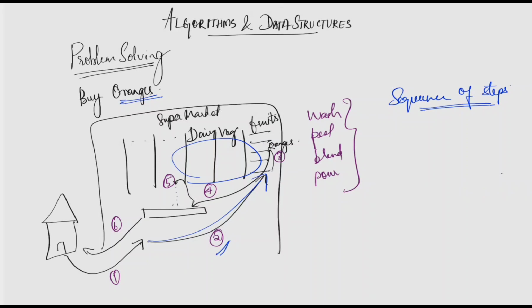So that's the main importance of data structures. It is organizing the data in a useful format so that your algorithm can run efficiently. To give an even more specific example, if you look at the oranges, right? In general, supermarkets will store your food items in a stacked fashion. That is, the items will be arranged one below the other, right? And in case of oranges, they'll be stacked one below the other.